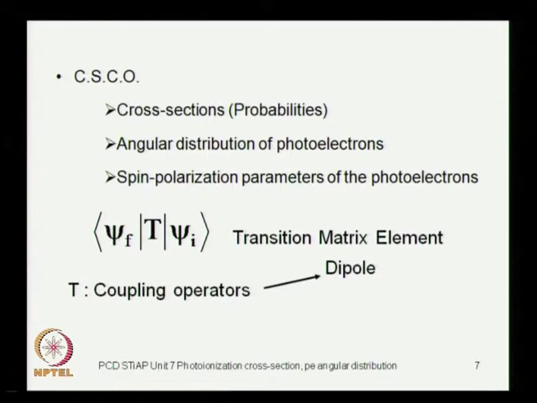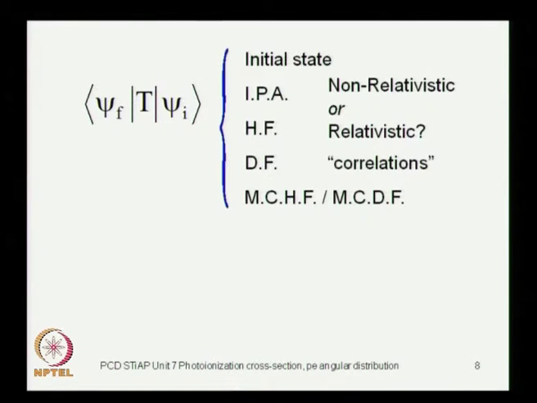So, I mentioned earlier that you have the coupling operator to be either the dipole or the quadrupole, or it could be any other, and that again sets a level of approximation on the scheme that you are implementing. So, you can do the initial state, as I mentioned, at the independent particle approximation at the Hartree-Fock level. If you do a relativistic self consistent field, you have got the Dirac-Fock wave functions to describe the initial state.